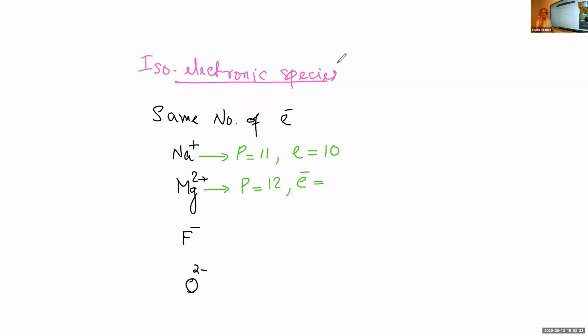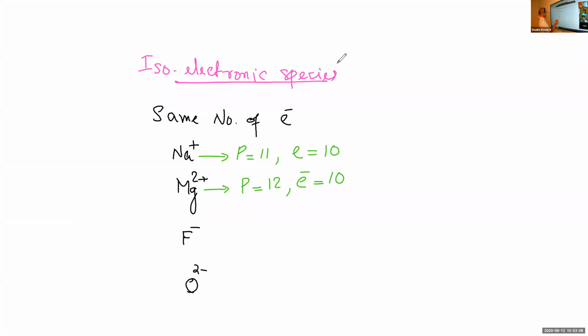So 2 electrons less than the atom: only 10 electrons. 12 protons, 10 electrons, so the resulting ion has a +2 charge.